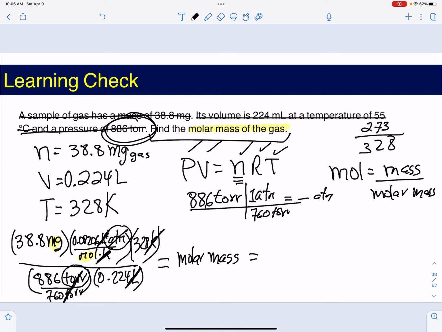That's gonna give me 3,999 milligrams per every 1 mole.